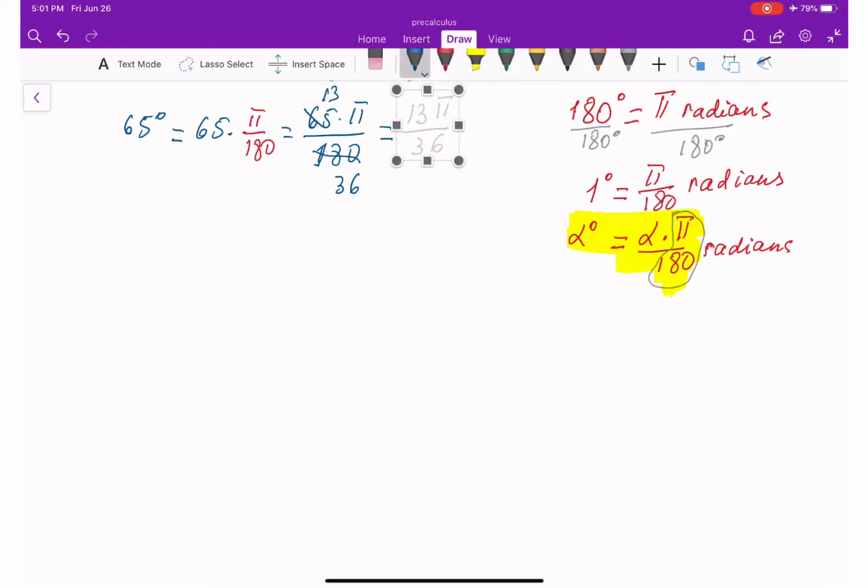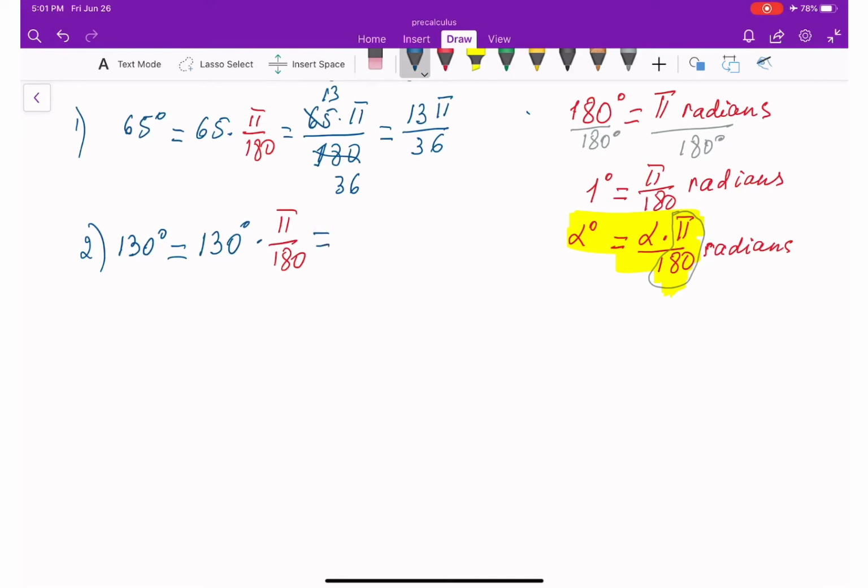So next one. Another one, 130 degrees. Same way, 130 times pi over 180.